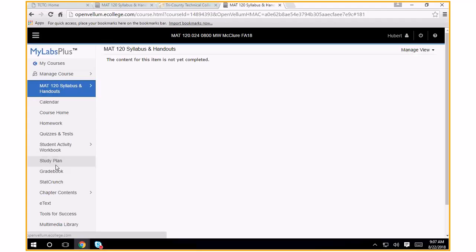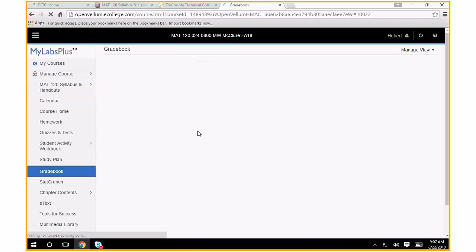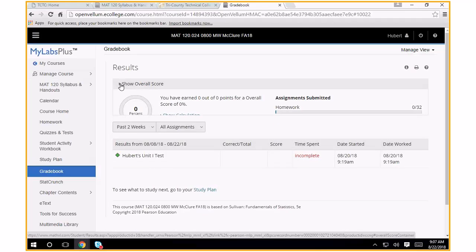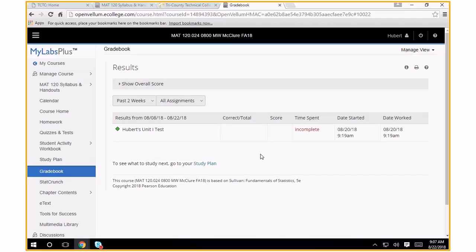Hit grade book. Now, the reason I'm going to show you grade book, one of your bonus questions comes from this. Where do you find, well, it says hide overall grade, not now, but there. Okay, this is what you're going to see when you get to grade book. There's two buttons I want you to know. One, show overall score. That takes everything into account.